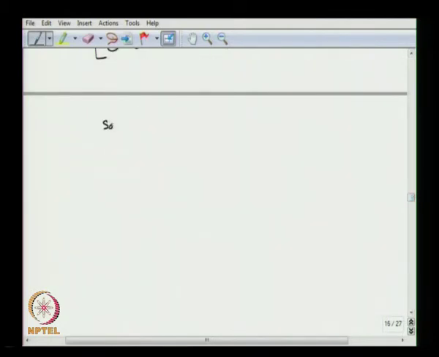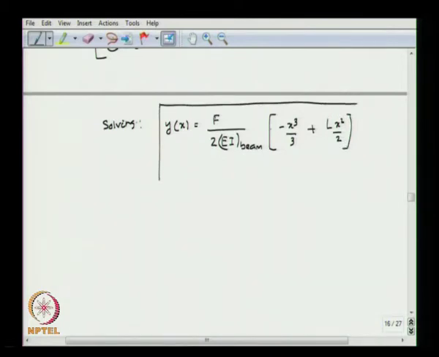So, by solving we get y(x) is going to be F divided by 2 EI of the beam into (minus x cube by 3 plus L x square by 2). Okay. So, this is the solution for y. So, from there we can find what is going to be the maximum deflection.